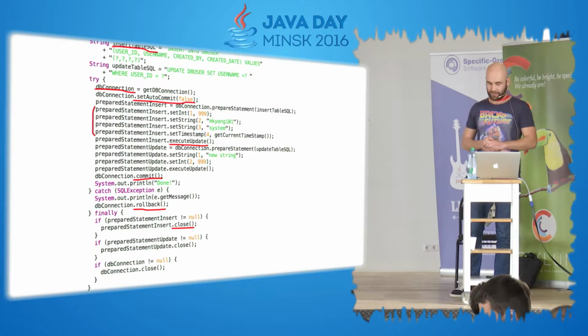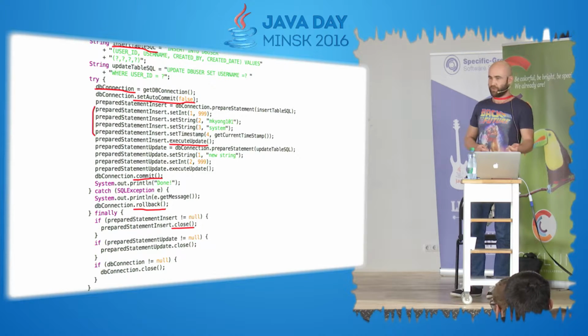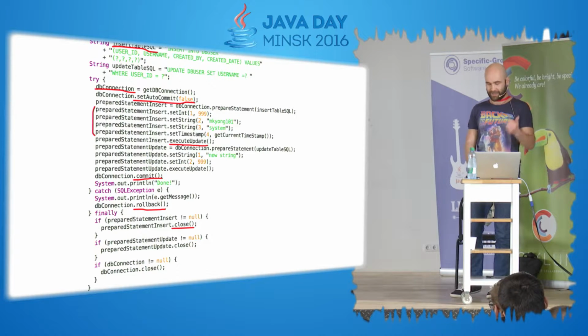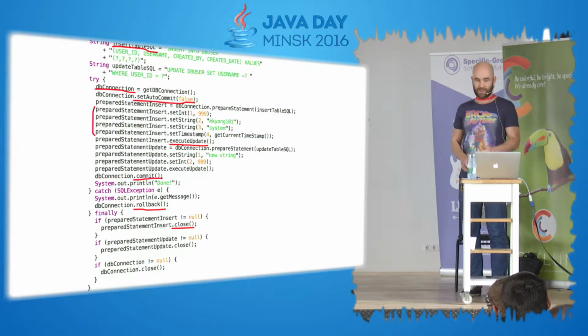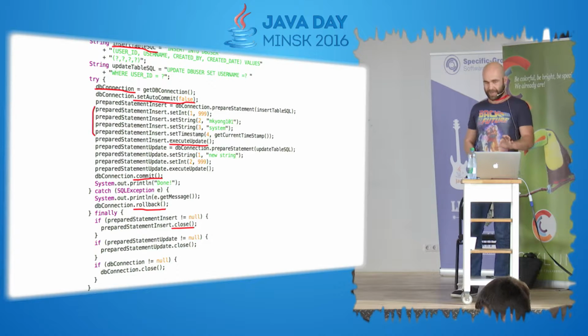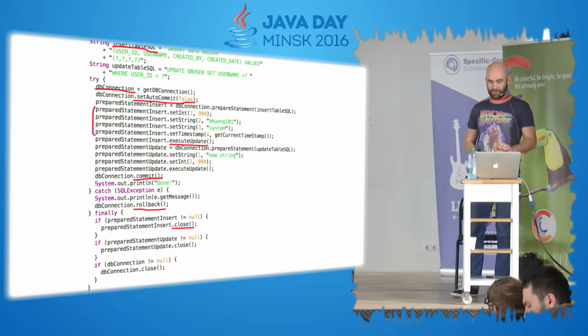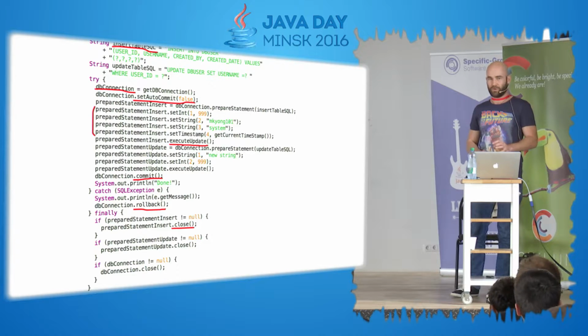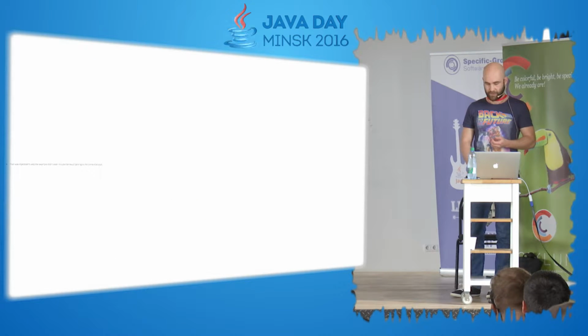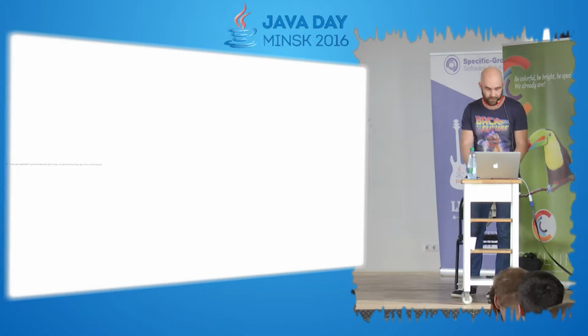Then we pass parameters to this statement. Then we decide how to execute it depending on which SQL we execute there. Then we do commit. Then we decide whether to roll back, and then we need to properly close the resources. So there's something like 8 families of problems just in this single piece of code, which the only thing it does is just execute 2 statements. That's really too much for us to comprehend.